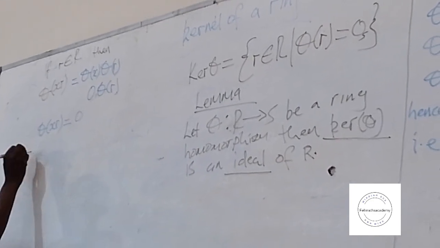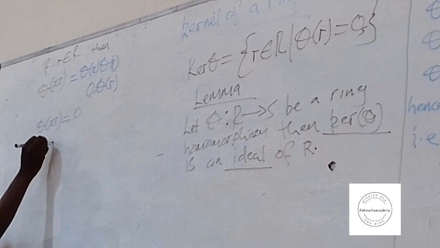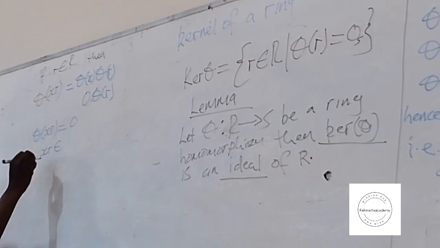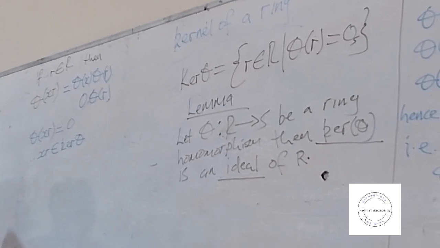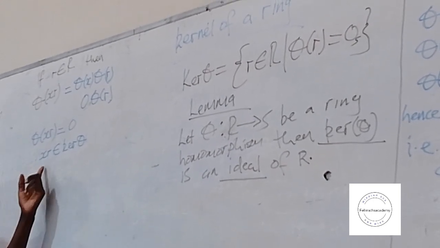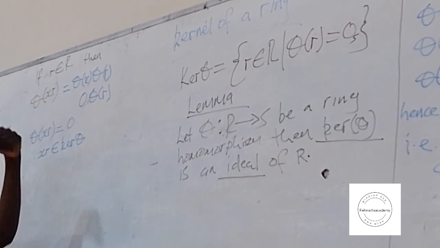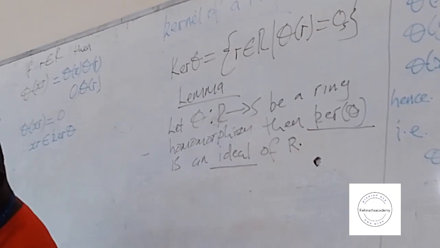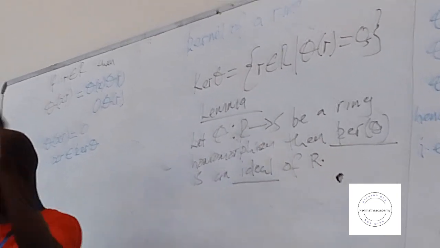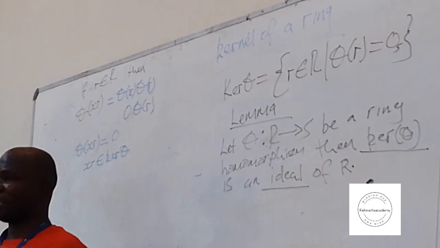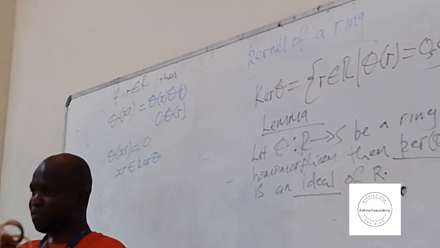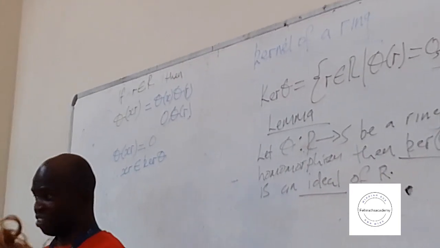Then XR is an element of kernel theta. The right ideal is in the kernel. This is the ideal property of the kernel.